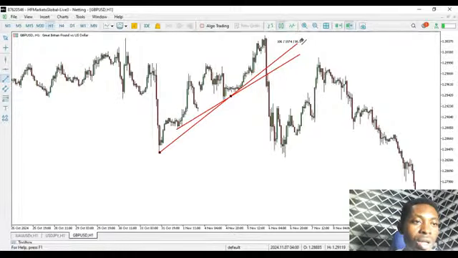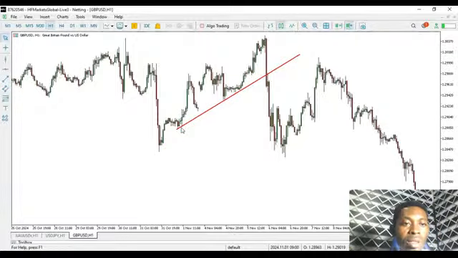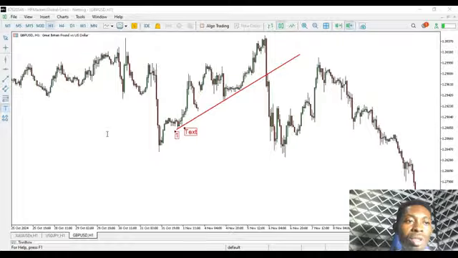Then look at the third touch. This is where you're supposed to be entering a buy. You're supposed to be entering a buy here, and then the price came to touch it again here, so you enter another buy here.